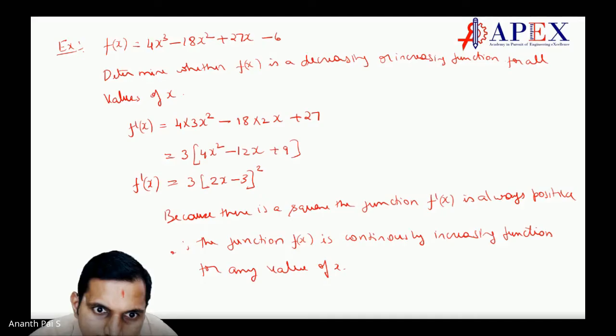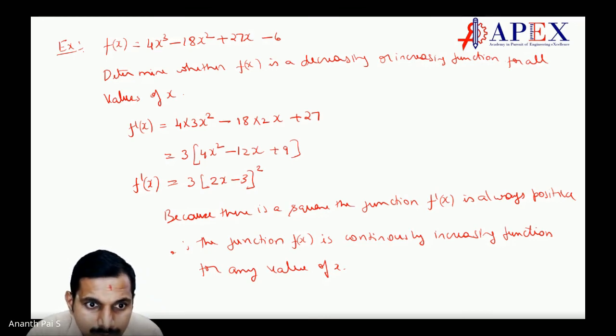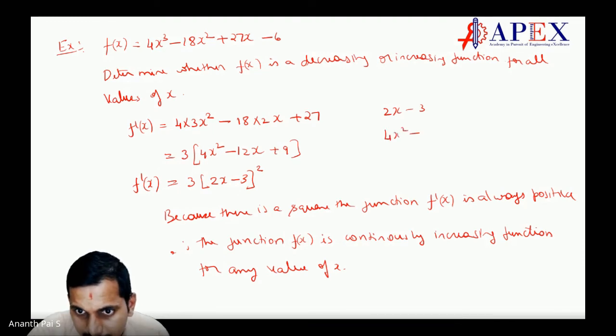Sir, expansion of 2x minus 3 the whole square is 4x square minus 6x plus 9. Okay. So when you take 3 outside, what do you get here? You get 12, is it not? Correct. So 2x minus 3, the whole square, what is that? It is 4x square minus 2 into 3 into 2x, correct?